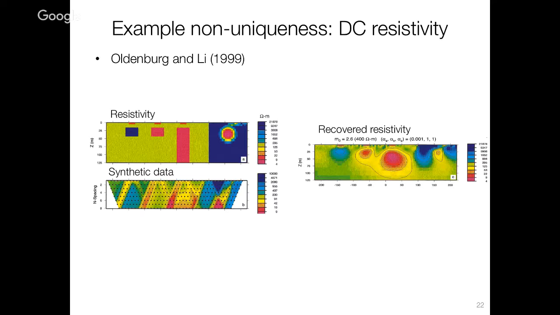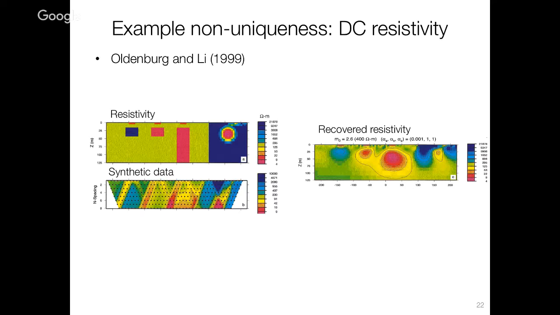There's a lateral conductivity contrast, so this is more conductive on here, more resistive. And then buried in here, there's a changing overburden as well as a conductor. So it's a fairly complicated system. There are a few things that one would perhaps like to know about this.